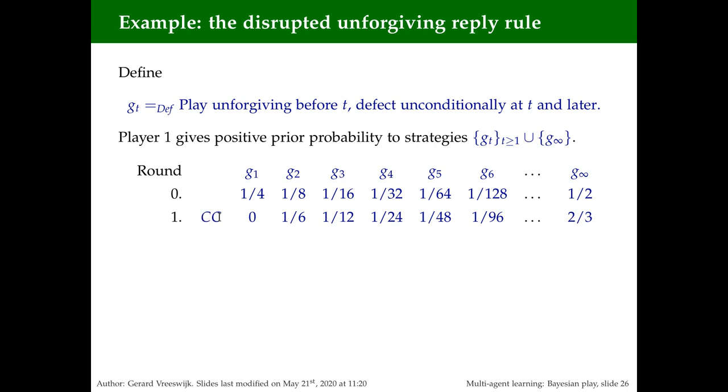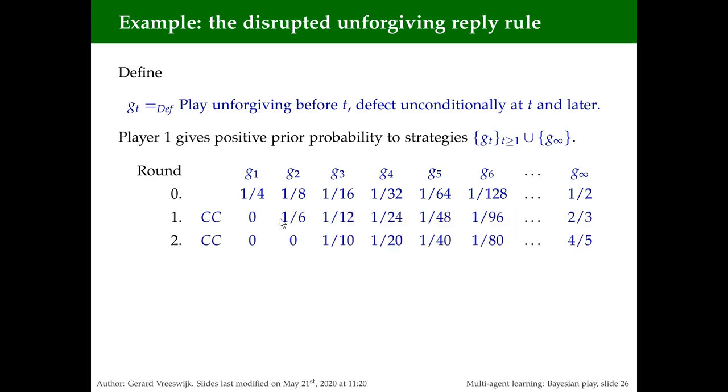Effectively, you can rule out this history, and then through Bayesian reasoning we can rule out this reply rule, and you see that Bayesian updating works in such a way that the rest of the probabilities are maintained in equal proportion. In equal proportion, in such a way, of course, that they still add up to 1.